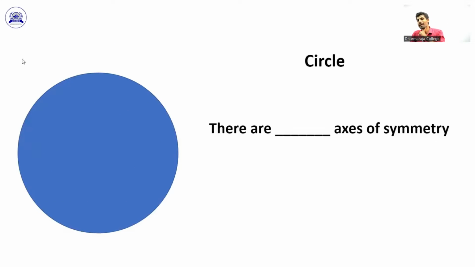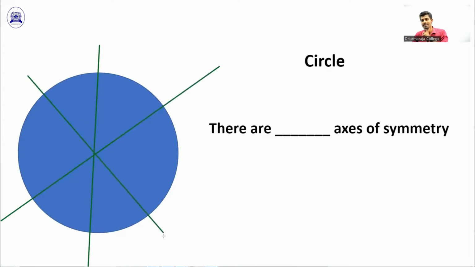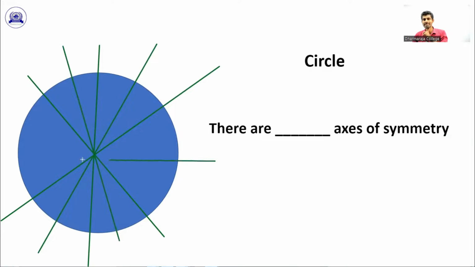Circle. Look at this one. How many axes of symmetry are there? 1, 2, 3, 4, 5, 6. My goodness, so many axes of symmetry are there. That is uncountable.